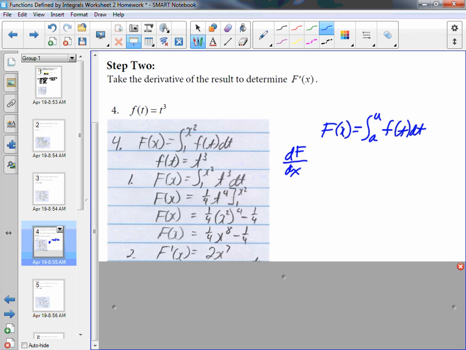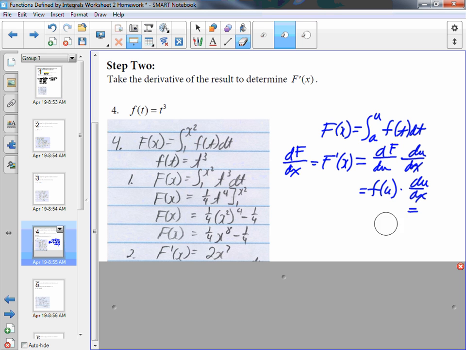We could say that the derivative of capital F with respect to x, we can just say capital F prime of x, equals the derivative of capital F with respect to u times the derivative of u with respect to x. Better yet, the derivative of capital F with respect to u, f of u, and then it's times the derivative of u. All right, so remember that? F of u times the derivative of u.